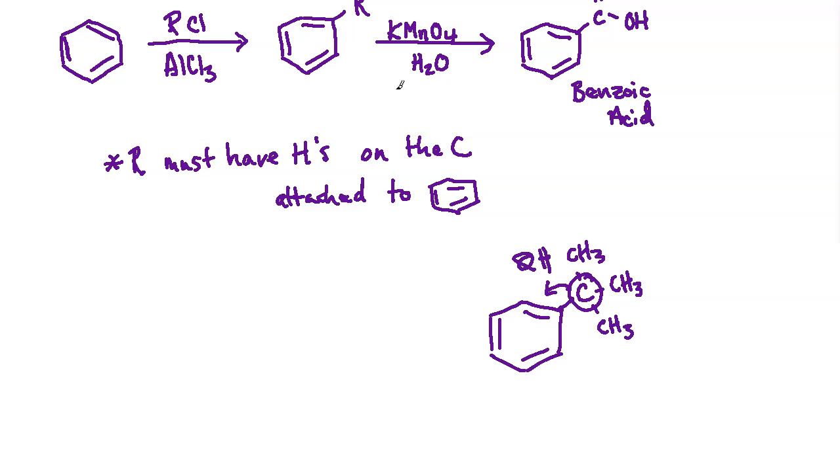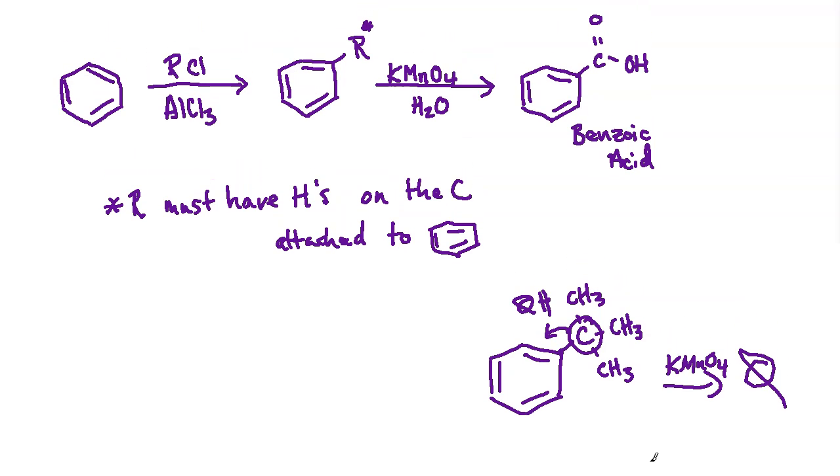And so this reaction, the KMnO4 step, if we attempted to do the KMnO4 with this compound, would fail. You would just get that compound back. So whatever the R group is, the carbon that is directly attached to the aromatic ring must have a hydrogen on it. And that's really the only stipulation that we need for this particular reaction.